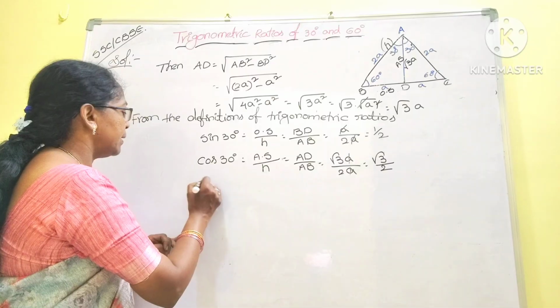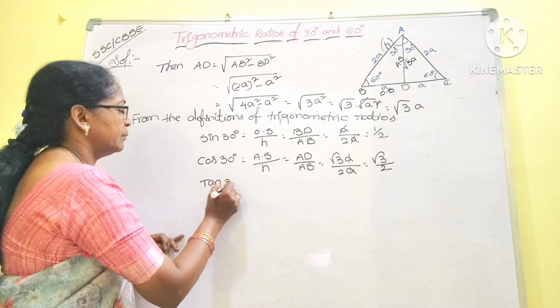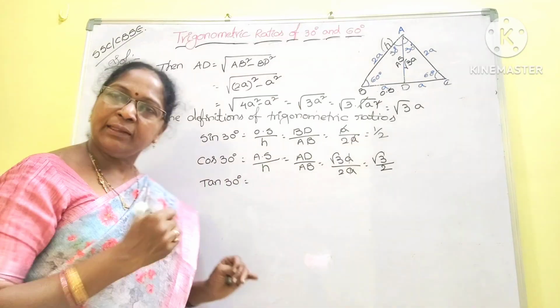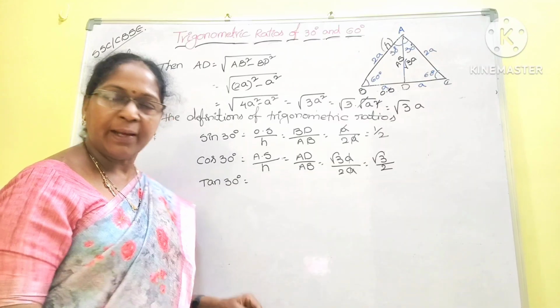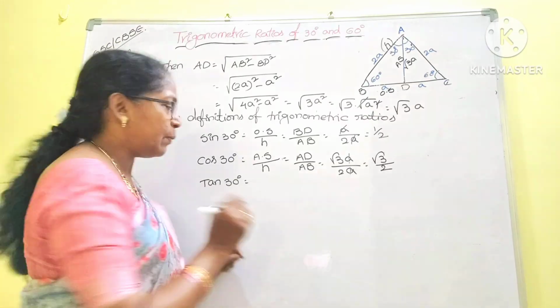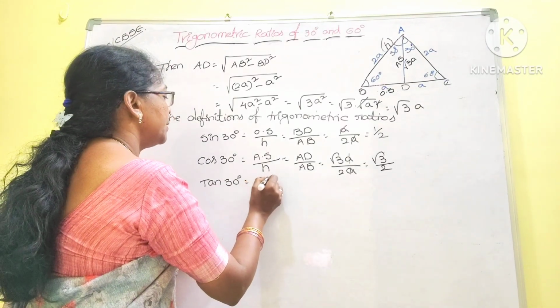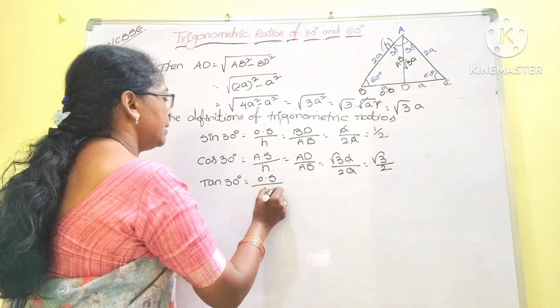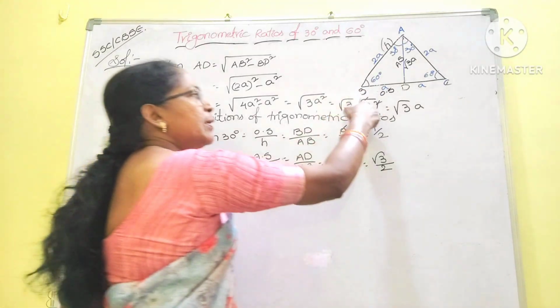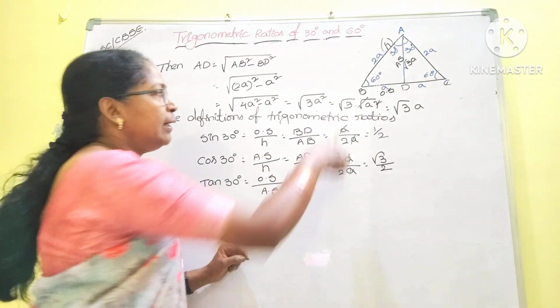Now tan 30 degrees. Tan theta equals opposite side by adjacent side. This is the formula. What is the opposite side in this right angle triangle?